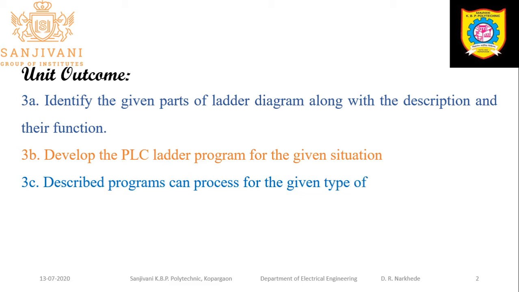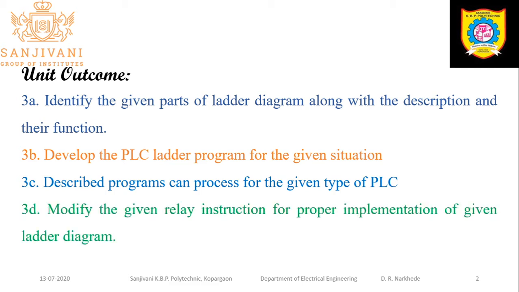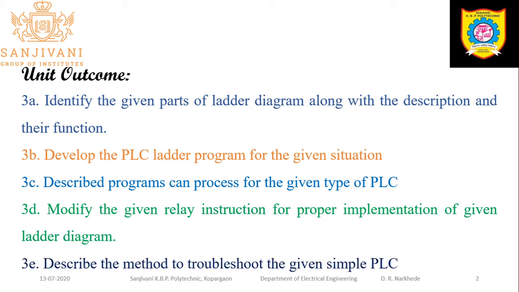Then describe the program scan process for a given type of PLC. Then modify the given relay instruction for proper implementation of the given ladder diagram, and describe the method to troubleshoot a given simple PLC. So these are the unit outcomes that you should be able to do after completion of this unit.